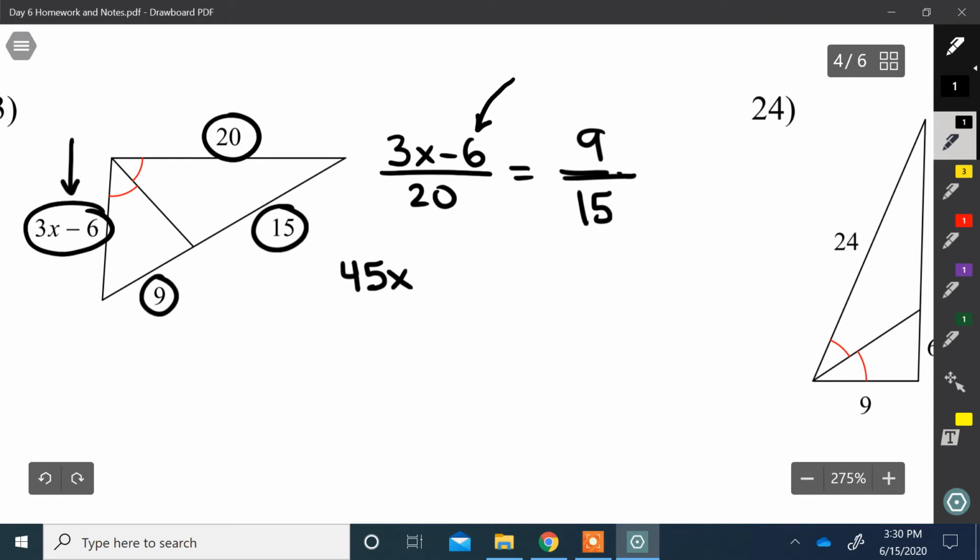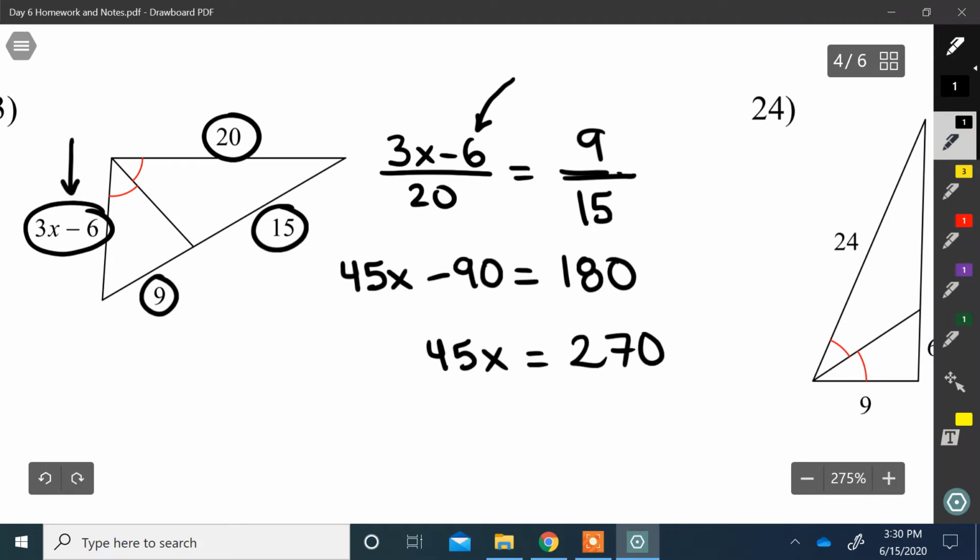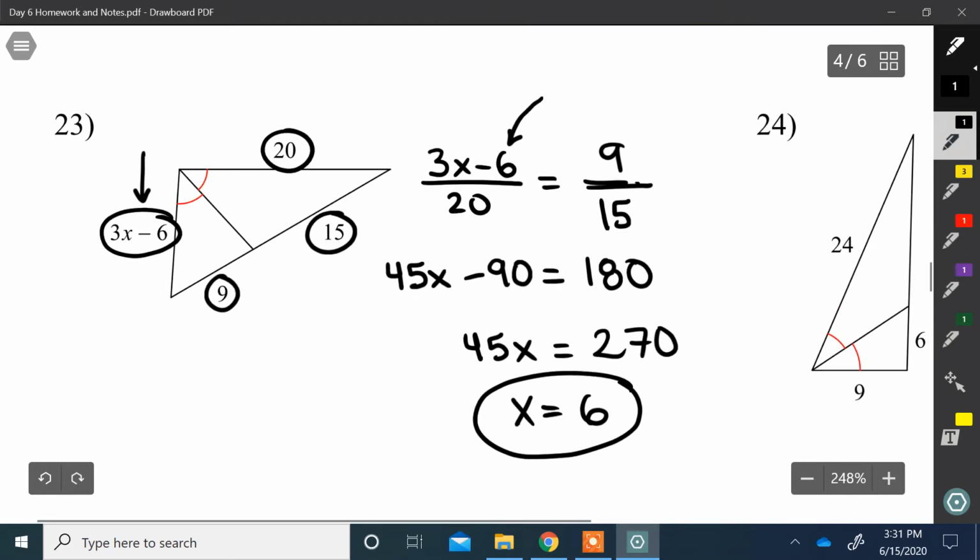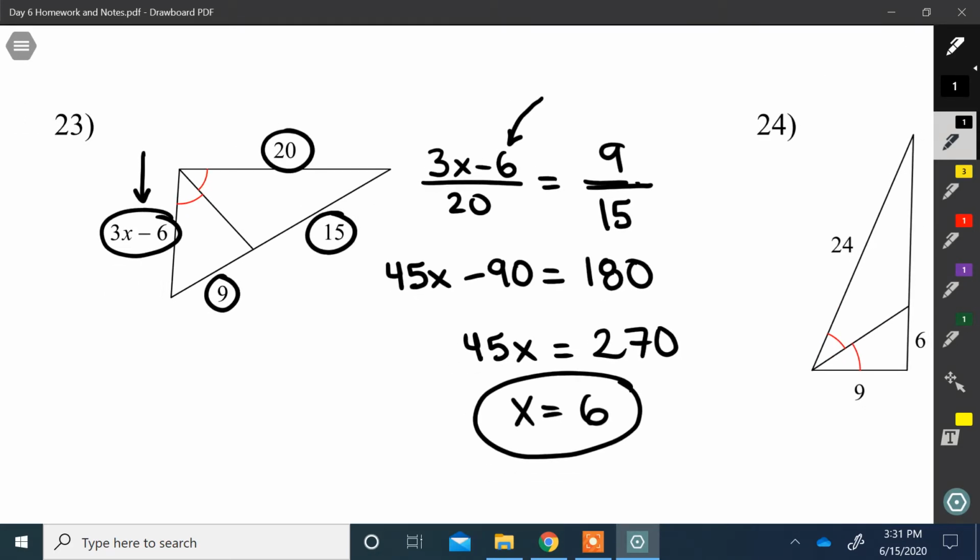And then 15 times 6 should be 90. And then 20 times 9 should be 180. Go ahead and add 90 on both sides. You should get 270. And then 270 divided by 45 should be 6. And that should be your answer for number 23.